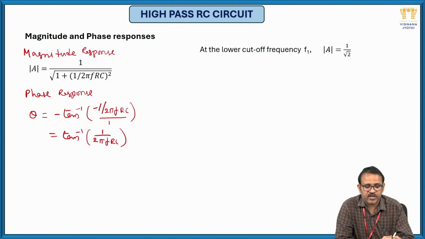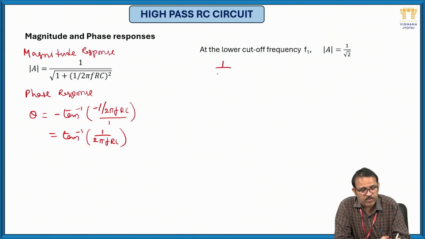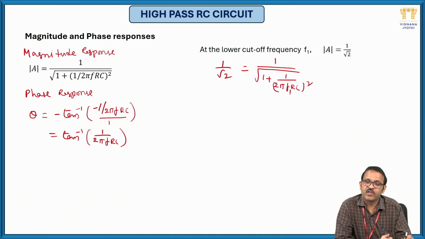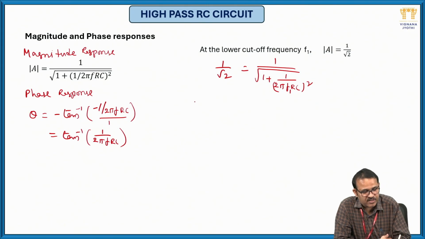Now at the lower cutoff frequency f1 the gain is 1 by root 2. So here the gain mod A is equal to 1 by square root of 1 plus (1 by 2 pi f RC) whole square. Now equating this to 1 by root 2 at f equal to f1, squaring on both sides and cross multiplying, 1 plus (1 by 2 pi f1 RC) whole square is equal to 2.